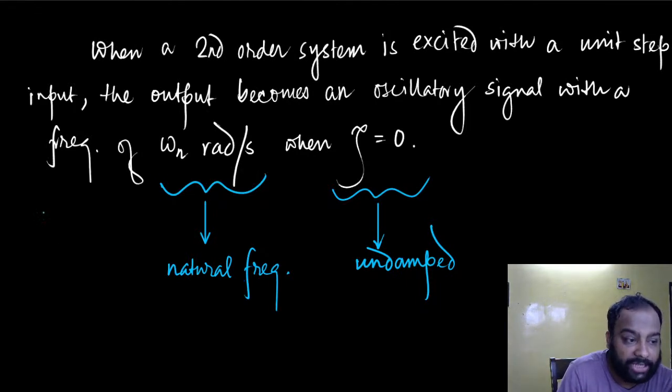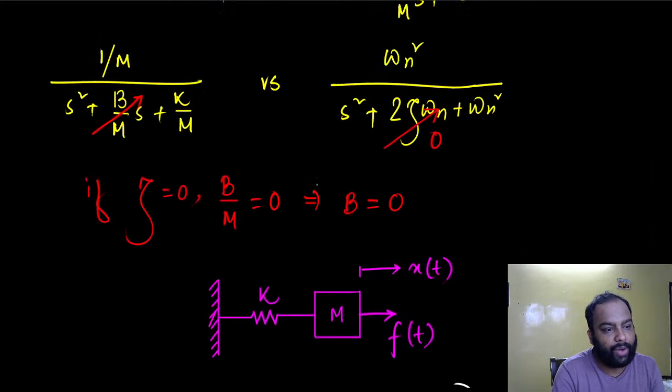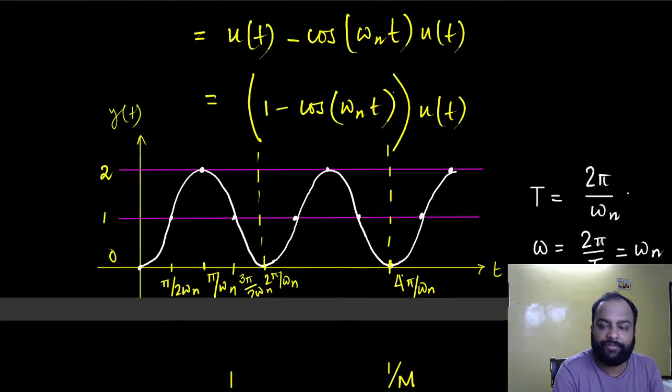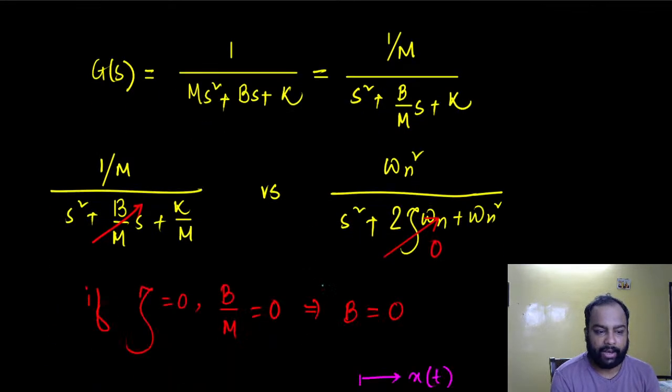So this frequency in particular is known as the undamped natural frequency. When there is zero damping in the system, this is the undamped natural frequency. I think you now understand why we had omega n squared, just to make sure that the undamped natural frequency turns out to be omega n.